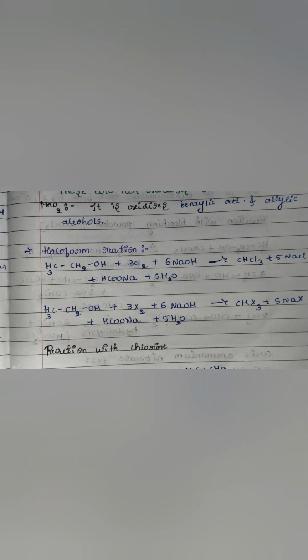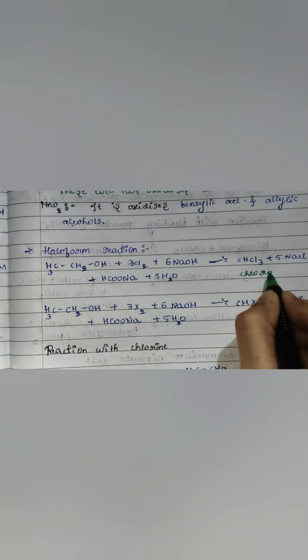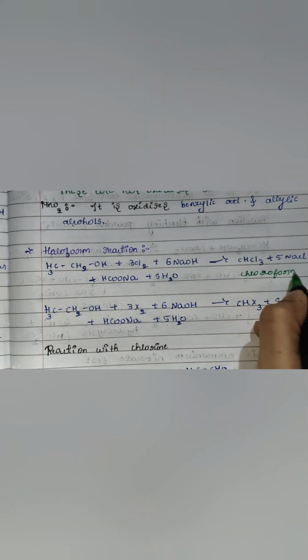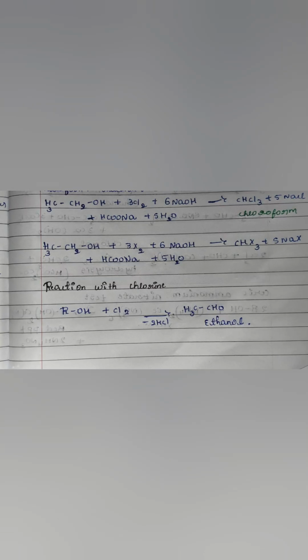Like that, when ethanol is treated with 3 moles of chlorine, it forms chloroform. And reaction with chlorine: when alcohols are treated with chlorine, it gives ethanal.